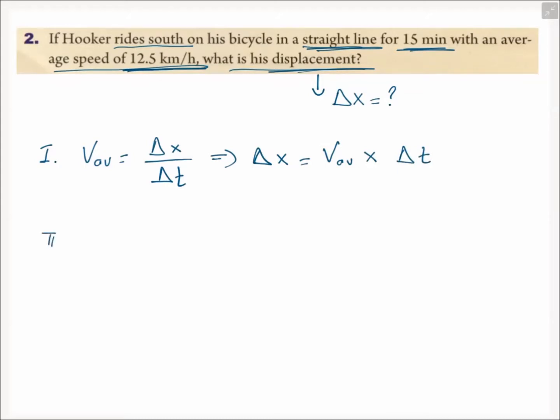In the second step, we have to check the givens. v average is given as 12.5 kilometer per hour, and time is given as 15 minutes. I have to convert it into seconds or hours. When I check the v average, it is given in kilometer per hour, so I have to convert time into hours.